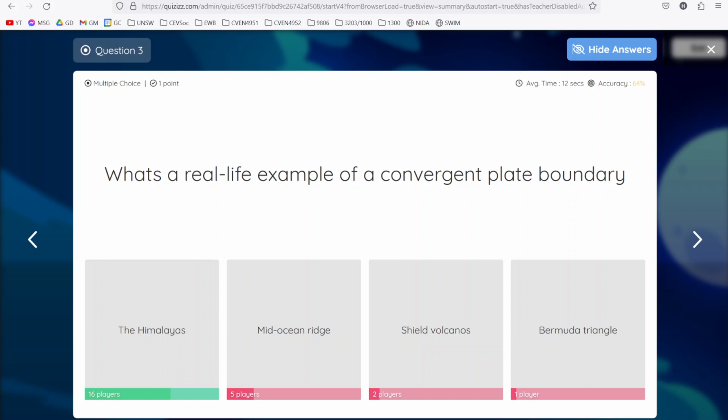Those are shield volcanoes because they're from hotspots rather than due to plate boundary interaction. So hotspots of magma can rise up and become a shield volcano. I don't know the hotspot form, I didn't research past that, but you can look it up if you're interested, especially for your research assignment, part A. If you're interested in Hawaii or something, that can be the spot you pick. And Bermuda Triangle is just something else.